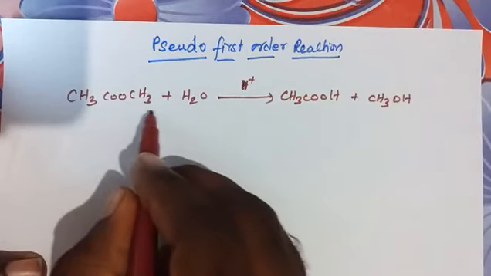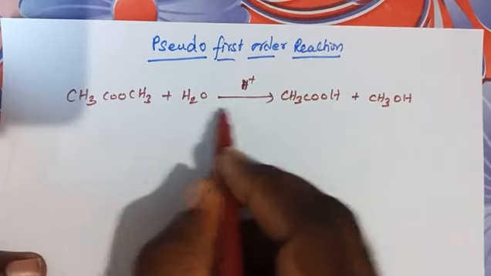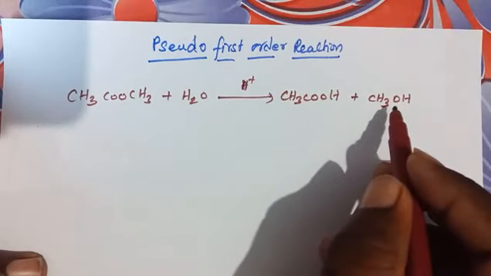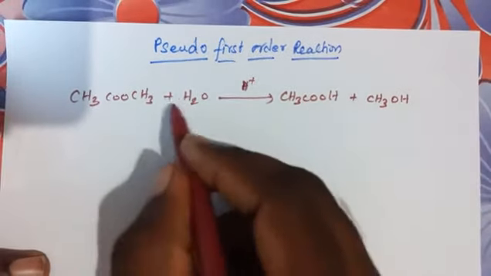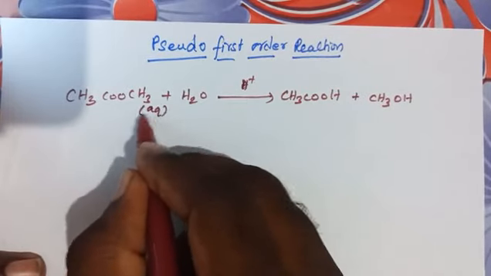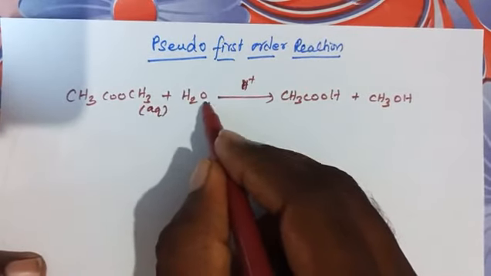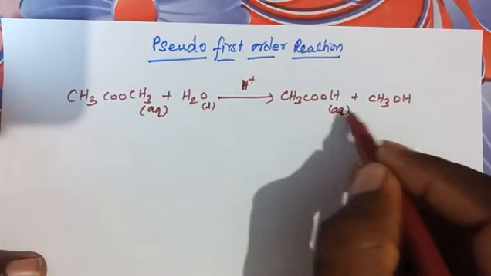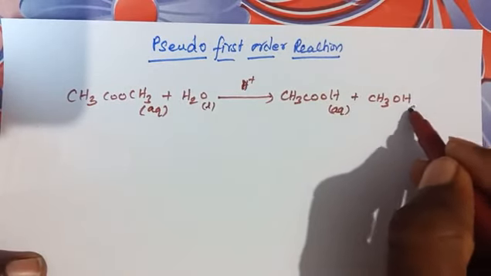Methyl acetate decomposes in presence of water to produce acetic acid and also alcohol. Methyl acetate is present in aqueous medium, and acetic acid and alcohol are present in aqueous medium.